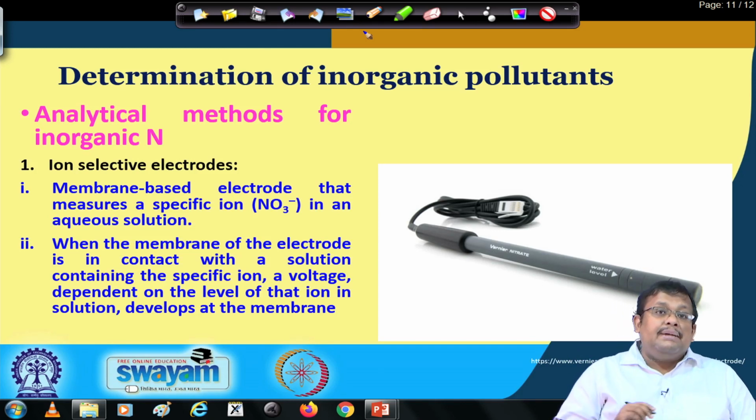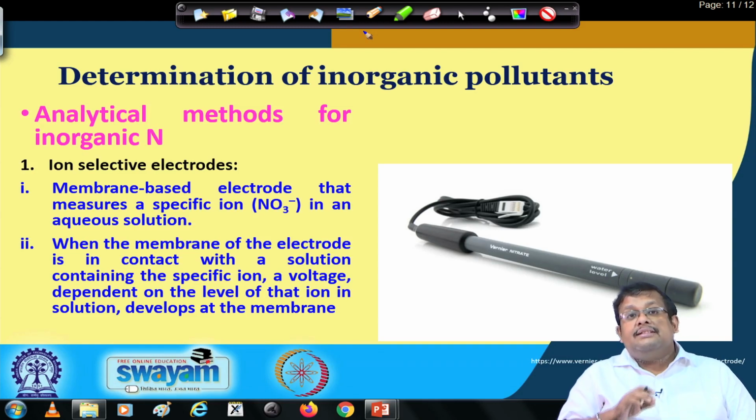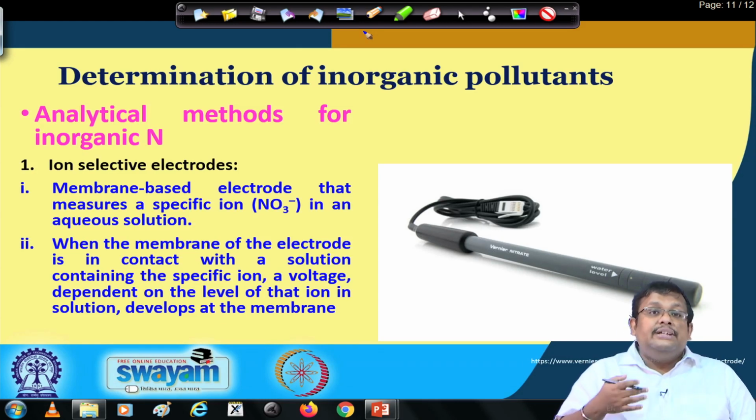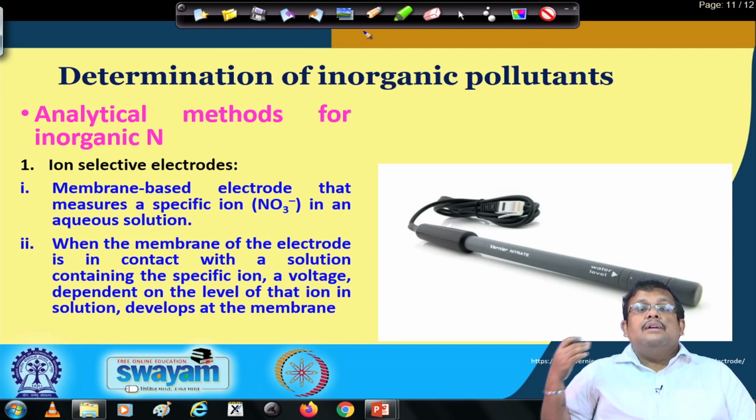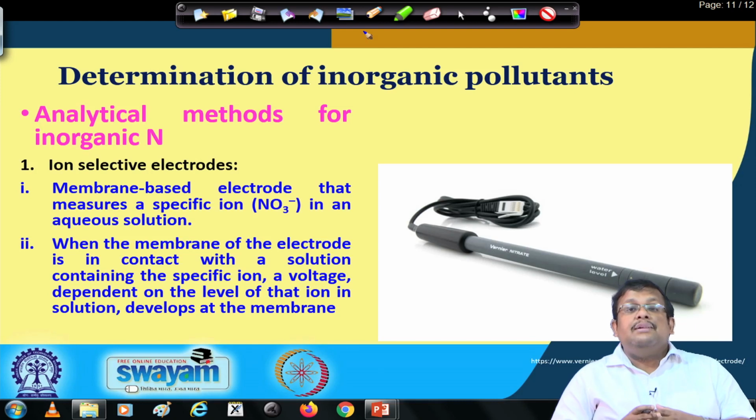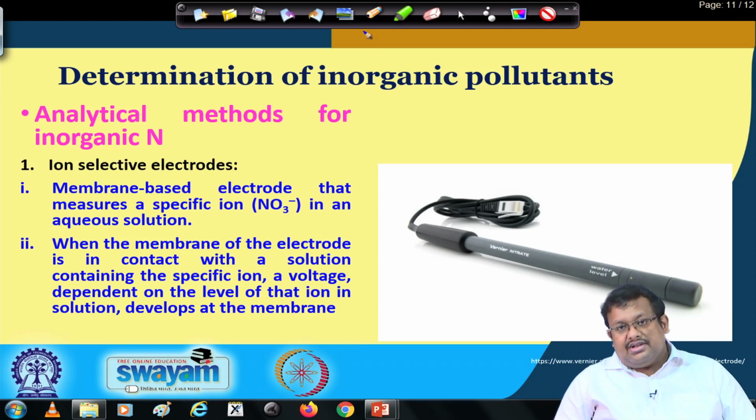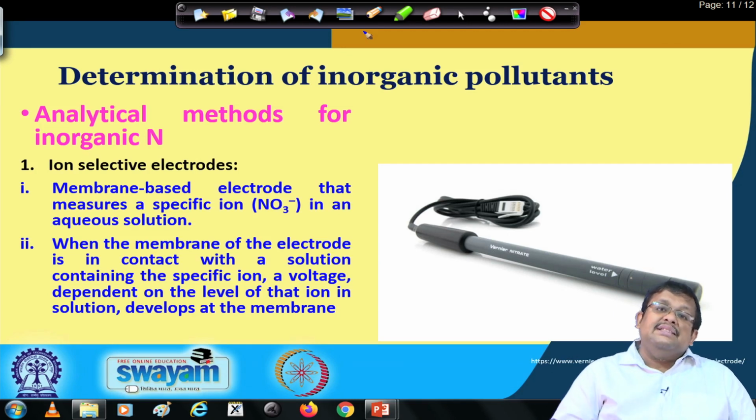When the membrane of the electrode is in contact with a solution containing the specific ion, a voltage dependent on the level of that ion in the solution develops across the membrane, and that is why we can measure the ion concentration. This is basically the principle of this tool. It is a membrane based tool.